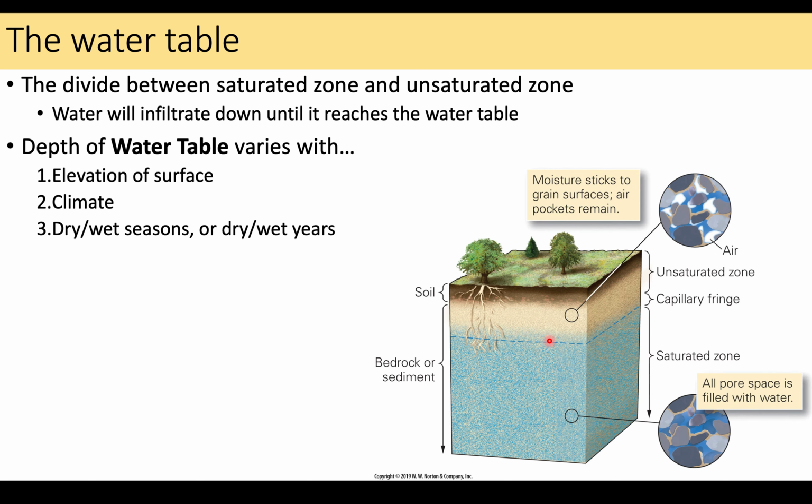So the water table, the divide between the two, is going to move up because we're going to have more water. If we're in a dry location, a dry year, a dry season, the water table is going to move down because there will be less water in our groundwater reservoir.